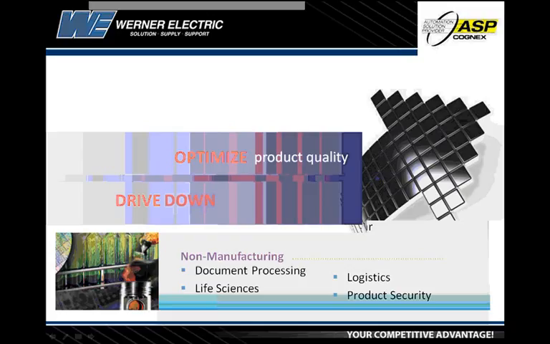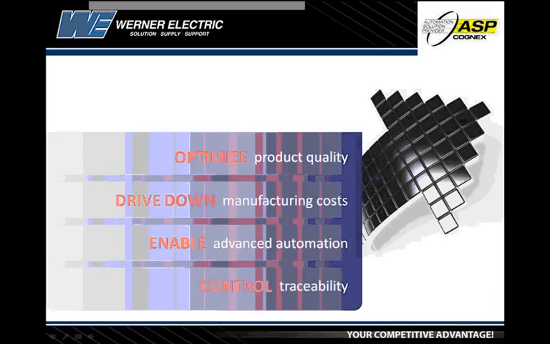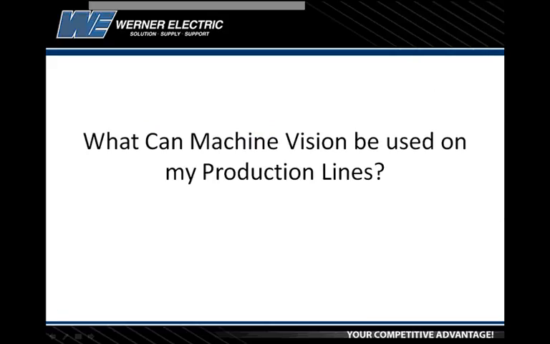Okay. So regardless of what industry you work in, again, from a 10,000-foot perspective, the purpose of machine vision is to optimize product quality, drive down manufacturing costs, maybe by saving scrap or catching manufacturing trends before you make bad products, enable advanced automation like robotics, control traceability.